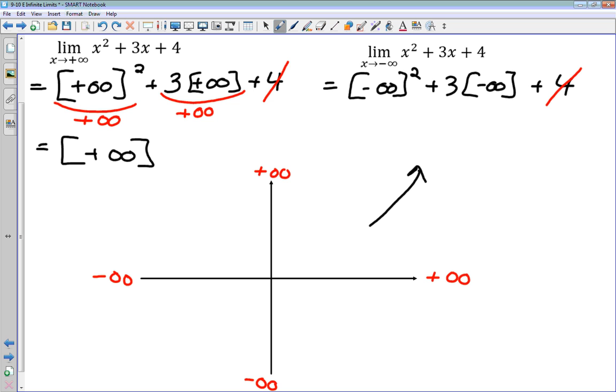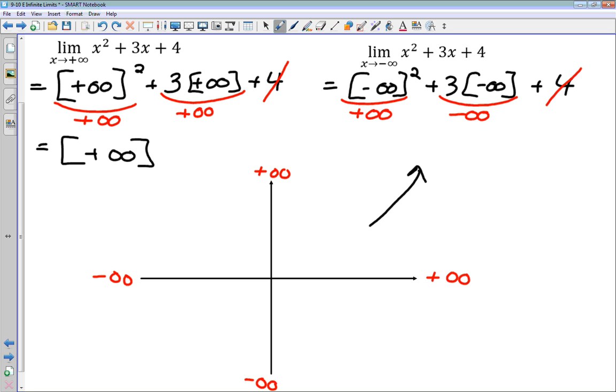Okay? This term here suggests that we're going off to negative infinity because 3 times negative infinity is like a negative infinity. This first term, though, if we've got a negative infinity times a negative infinity, negative times negative is going to give us a positive infinity. So this term suggests we should go off to positive infinity. The second term suggests we should go off to negative infinity.